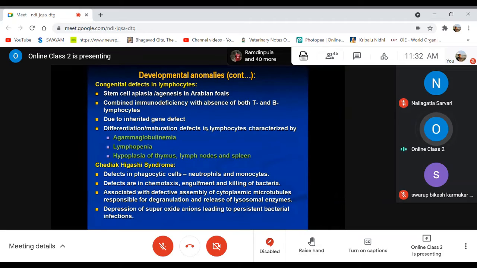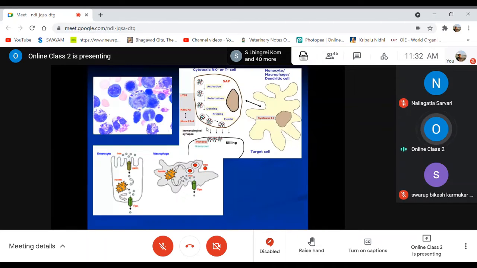They are immunodeficient because their phagocytic cells are defective. So they will be very prone to any kind of persistent bacterial infection. There is no immunity against those, because they already have defective phagocytic cells, right? So that is about Chediak-Higashi syndrome.